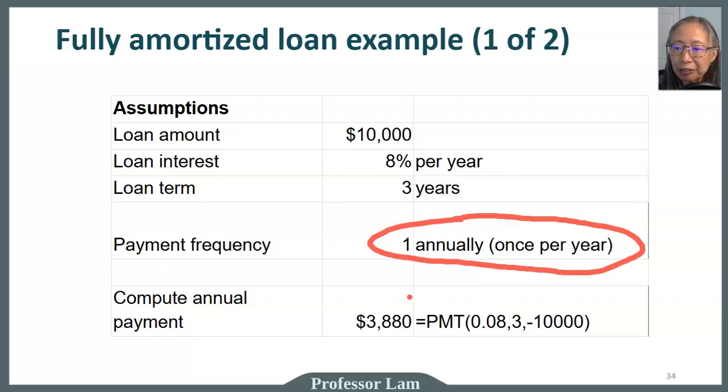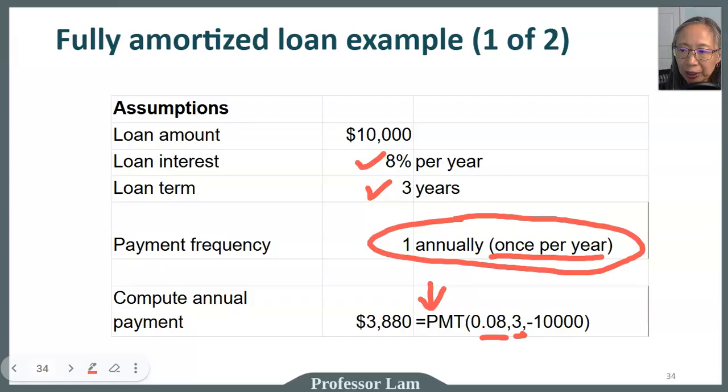In Chapter 5, we learned how to use the time value of money function, the PMT function, to compute the payment. So we have 8%, that's the interest rate, over 3 years. Again, the payment is made once per year, and we borrow $10,000. We'll use the annuity payment amount to compute the payment.